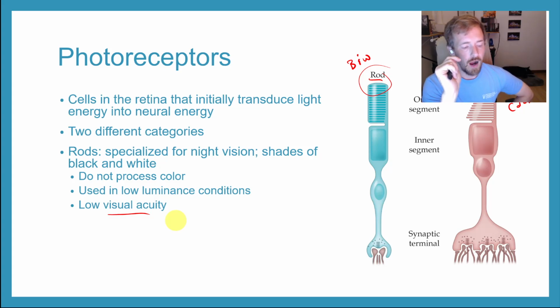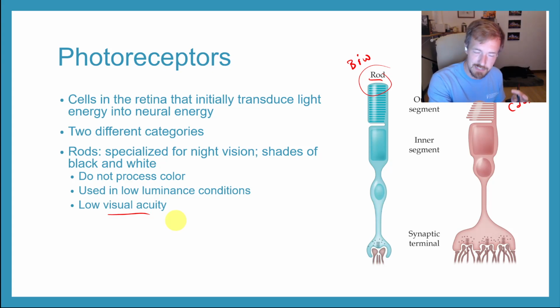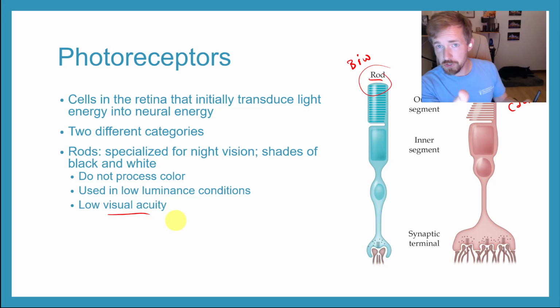One way to think about the word acuity is to think about definition, if you're familiar with HD, like high definition versus standard definition. Low visual acuity is essentially like standard definition.